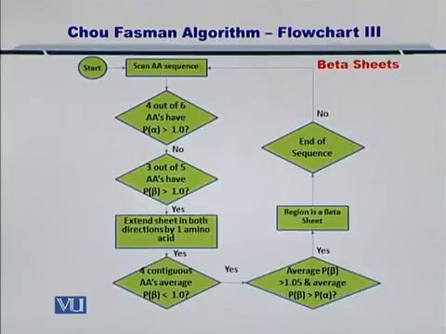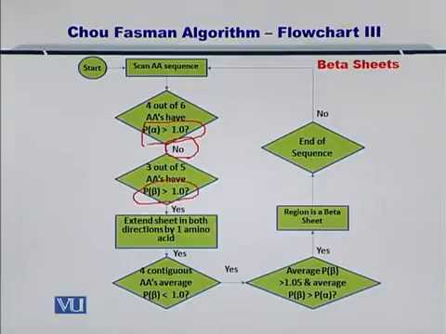As you already know, you scan the entire amino acid sequence as shown here, and you see if 4 out of 6 amino acids do not have a propensity for forming an alpha helix. If the propensity for forming an alpha helix is low, then you check for their propensity for forming a beta sheet.